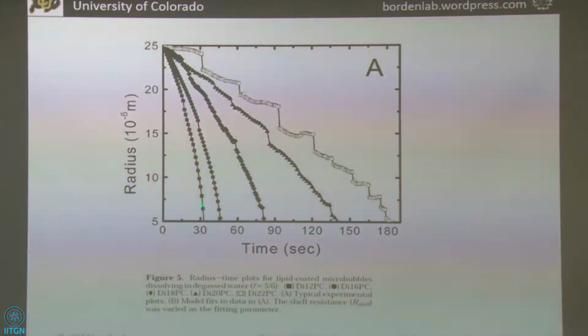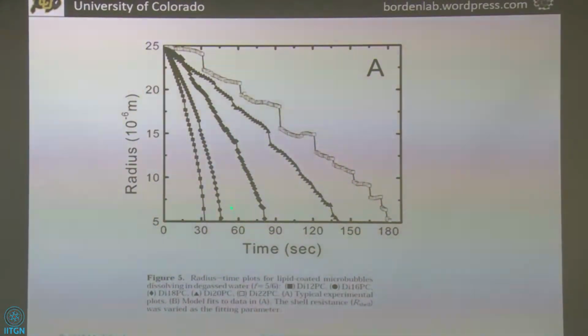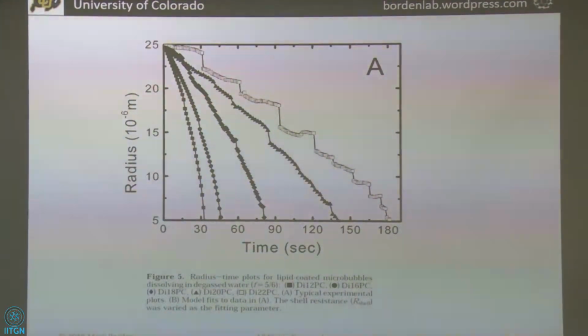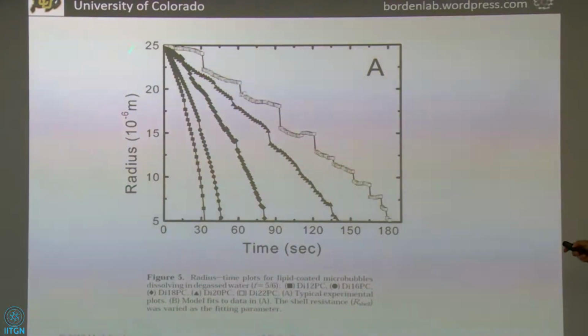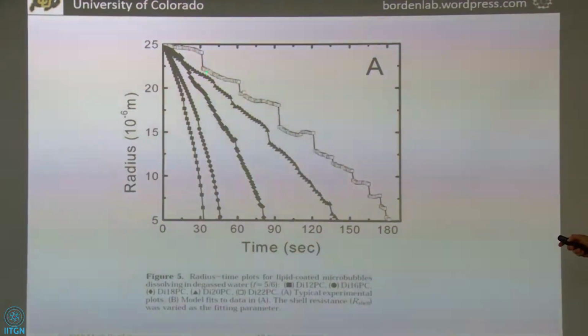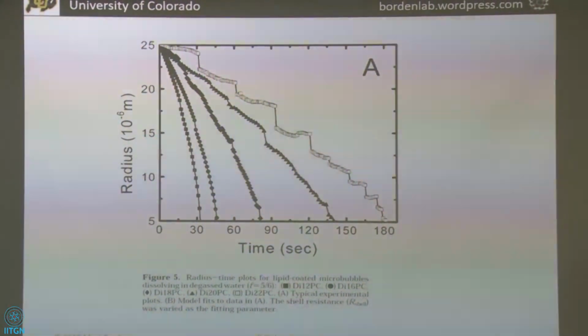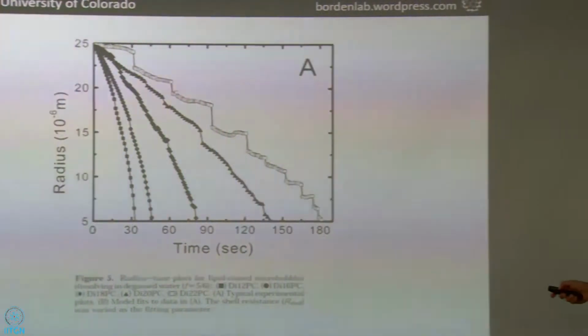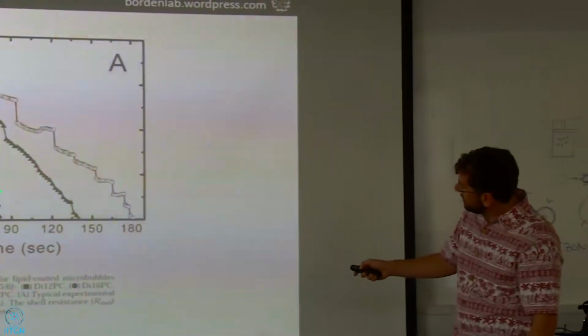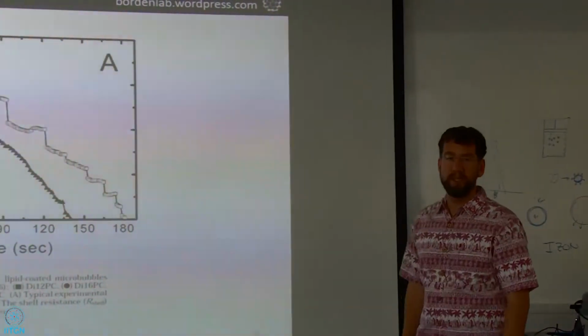So you see 12, 16, 18, 20, and 22. So these are dissolving very smoothly, and these you start to see these jumps. Okay? As it buckles and snaps to spherical, buckles, snaps to spherical, and so on. But what's obvious here is that the longer chain lipids are taking longer to dissolve.